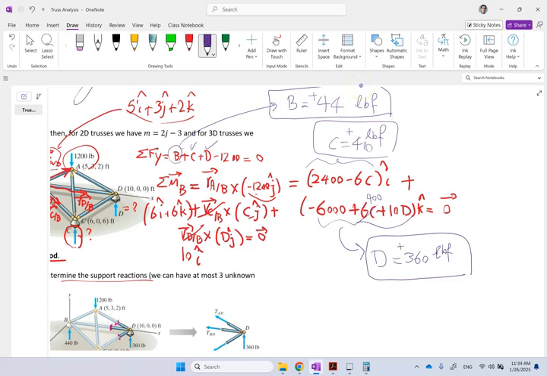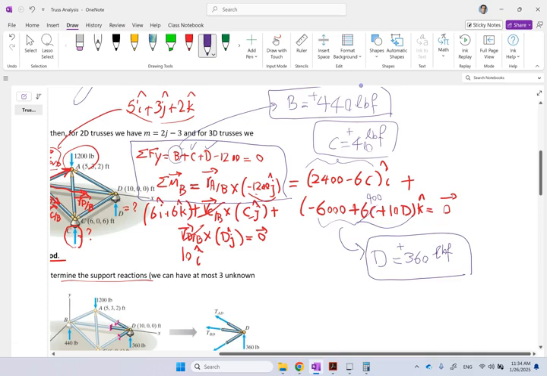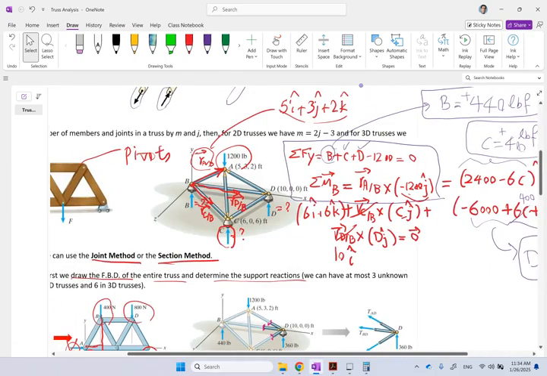And clearly, if you add these three numbers together, you see the sum is 1200. So that should cancel that 1200, and the moment should also be 0. So with one moment equation and one sum force y equation, that's enough to get you all of the 3 unknown reactions. You don't need to take moments about C or D. They are also automatically going to be 0.